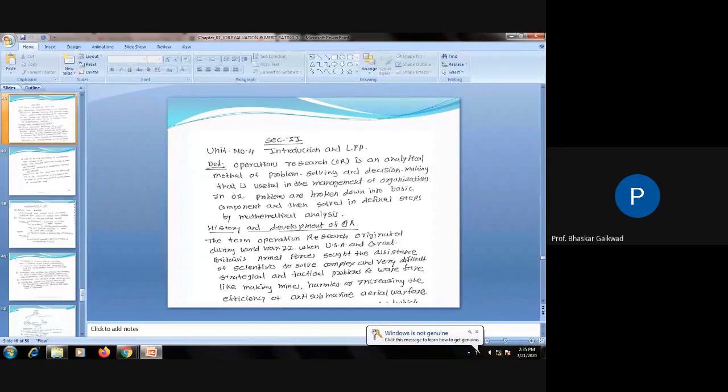Operation research is an analytical method of problem solving. This is one method to solve any problem analytically.